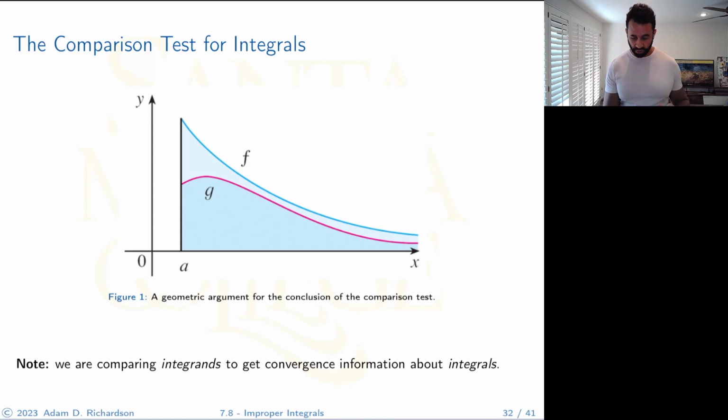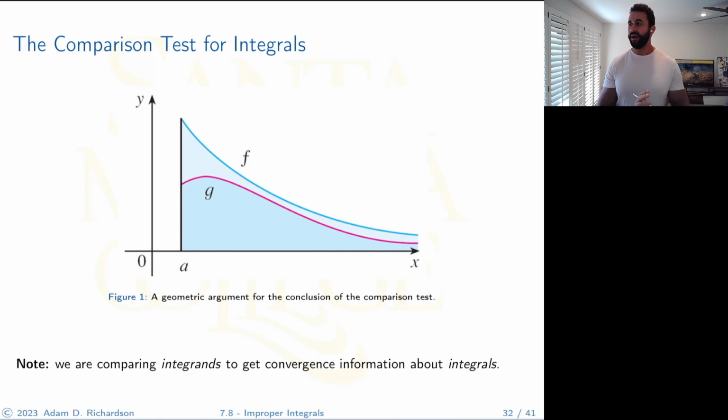What we know is the order relationship between our two functions. Then this is saying if you have that order relationship and you know something about the integral of one of them, that can tell you about the integral of the other. All right, so that's a very, very important point to make. You're comparing the functions to get information about their integrals.